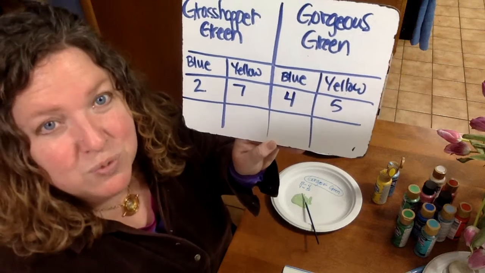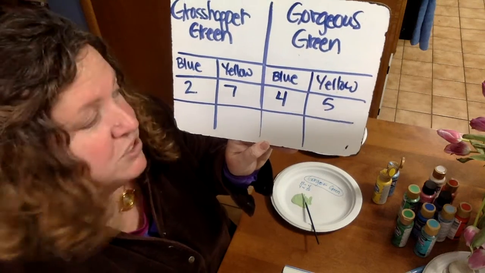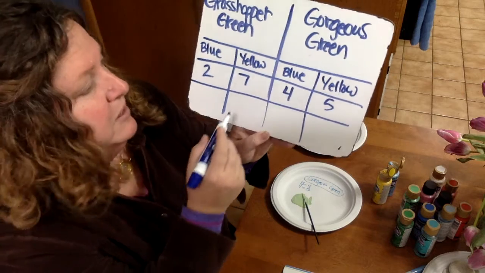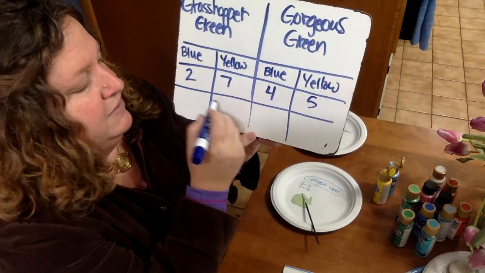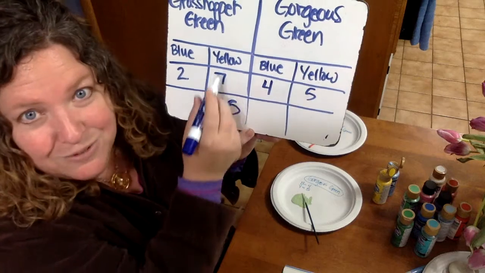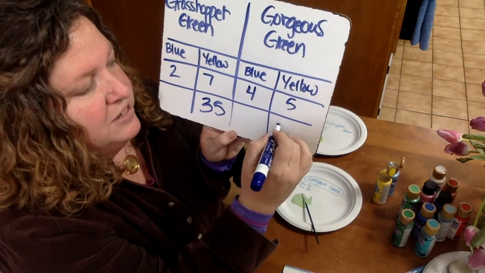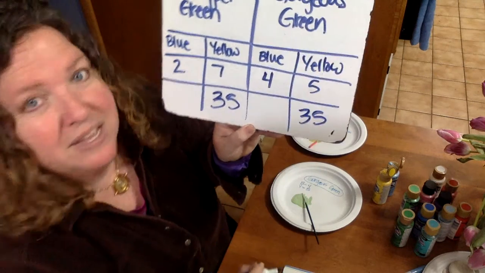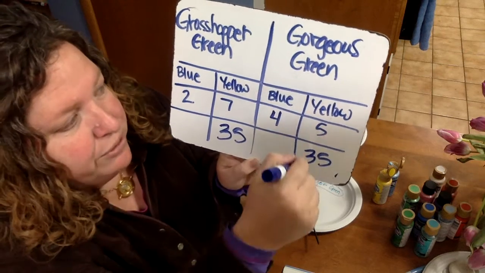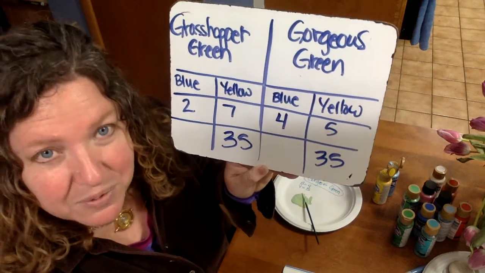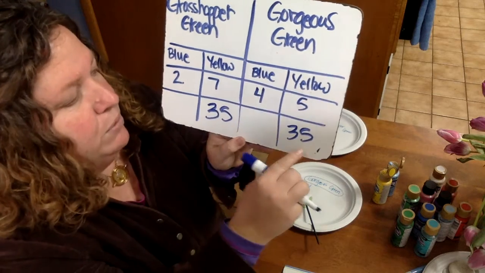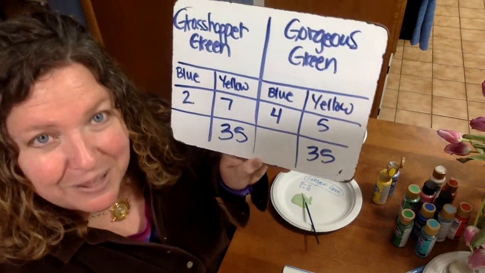You could either choose one of their multiples, or you could just multiply them together, and then you can figure out an equivalent ratio. So let's just do 7 times 5, because if we did 35 drops of yellow for the grasshopper green, 35 drops of yellow for the gorgeous green, now we have a way to compare them. They both have 35 drops of yellow.